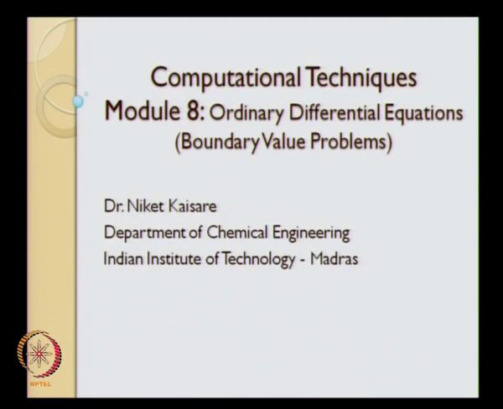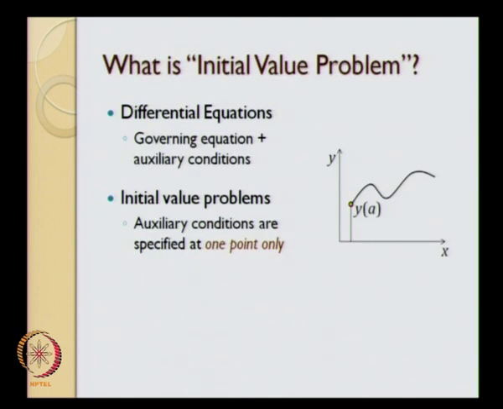So let us first motivate this particular topic, the boundary value problems topic. I will first start off with what we mean by an initial value problem. This is what we had done in the previous module of the course. In order to get a unique solution to the set of differential equations, we need to solve the governing equations. In addition to that, there are certain auxiliary conditions that need to be satisfied.